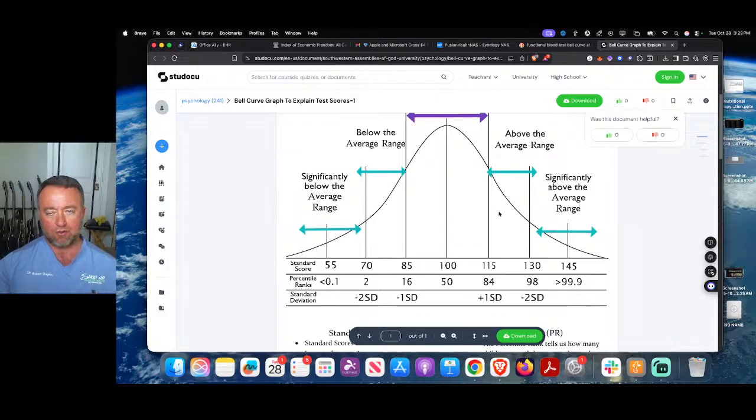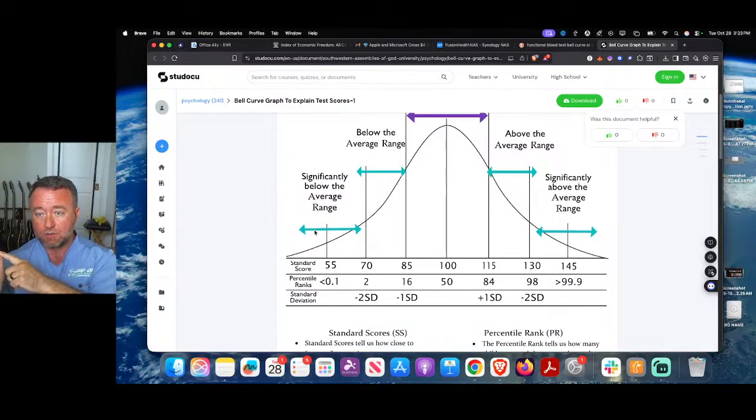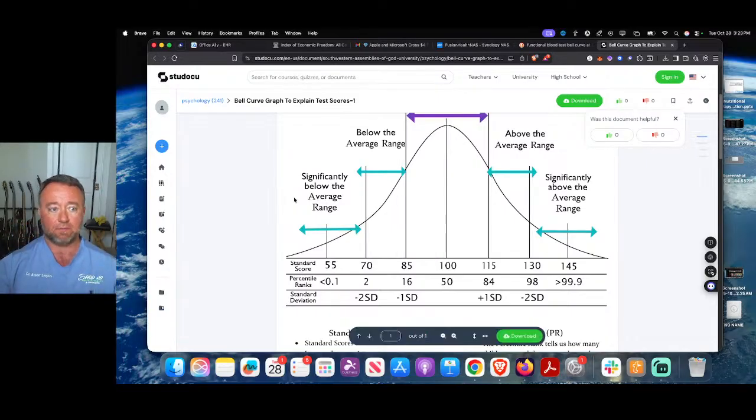These would be what we would call the yellow zones. And then outside of that, we have what we call the red zones. We don't want to be too far to the left. We don't want to be too far to the right. We kind of want to be in that central zone. All right, so let's go back to the blood test here.